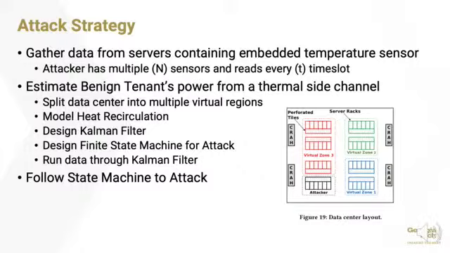This is a very complex process with complex tasks that we can delve into later, but most important is the design and creation of the Kalman filter and the finite state machine, which is the framework for what the tenant is running the attack against. The image illustrates how the attacker needs to split the data center into virtual zones to limit its heat modeling to specific areas and not the entire data center as a whole.